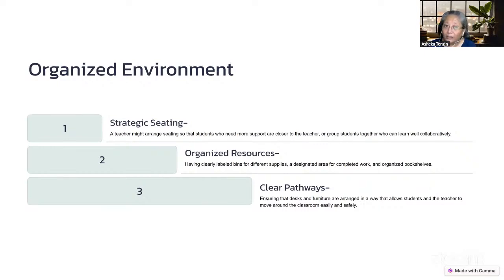The third thing for having an organized environment is to see that there is a clear pathway. Ensure that the desks and furniture are arranged in such a way that you can move around easily and safely in the class. I remember students used to bring their bags to my class. In the schools that I have taught, students used to move from one class to another. When the students came into my class, they should leave their bags on the floor where they sat on the stool.